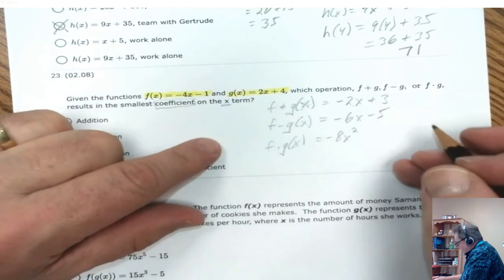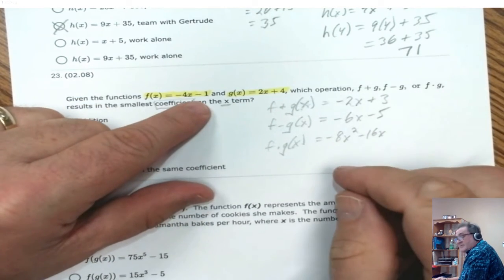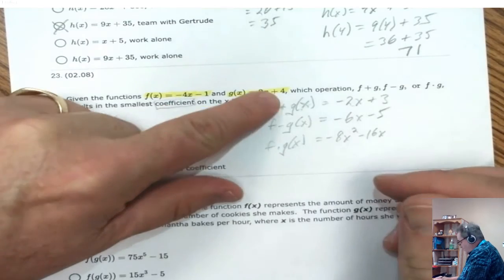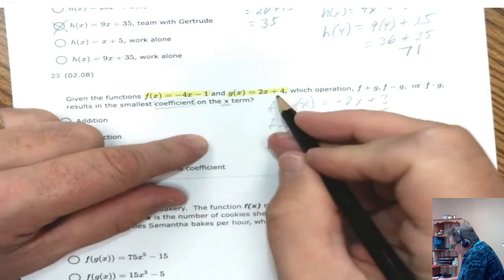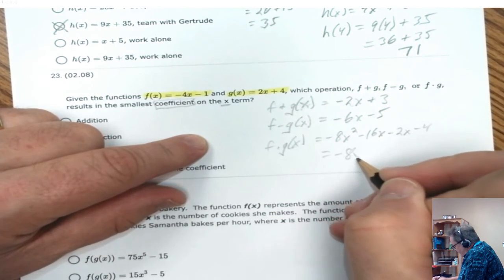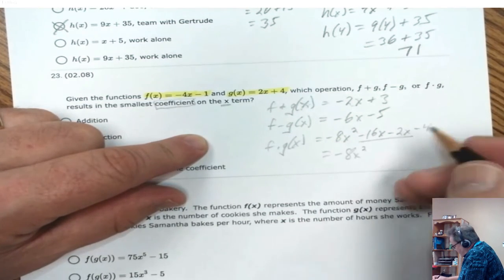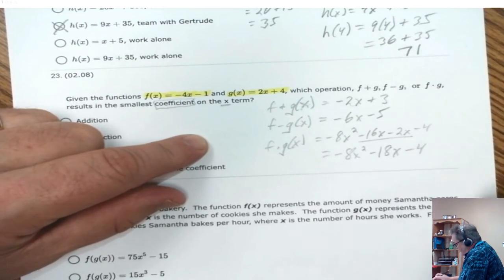Negative 4x times positive 4 is negative 16x. Now we distribute this: negative 1 times 2x is negative 2x, negative 1 times 4 is minus 4. So this is negative 8x squared. These are like terms: negative 18x minus 4.